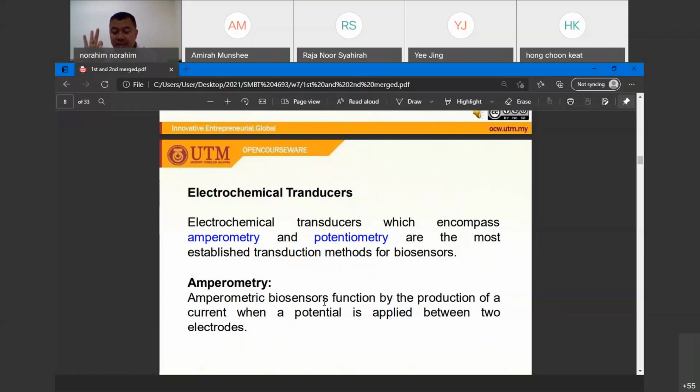Remember, there are three, we did this the other day. There are three types of electrodes in the system. Working electrode, the one responsible for biorecognition, for the sensing. Number two is the reference electrode, and the third one is the counter electrode.